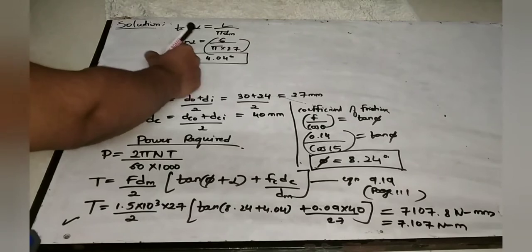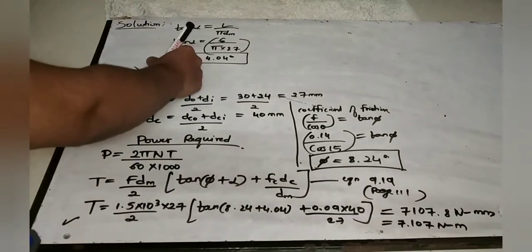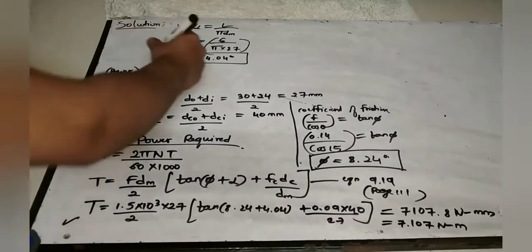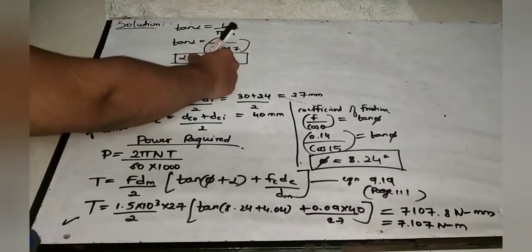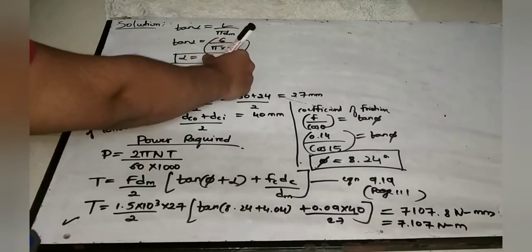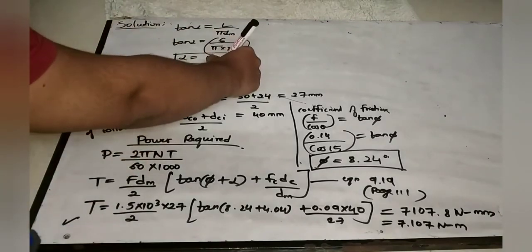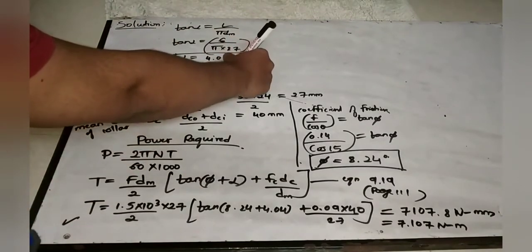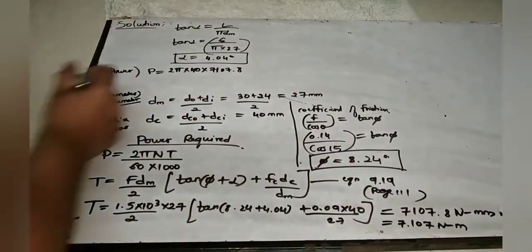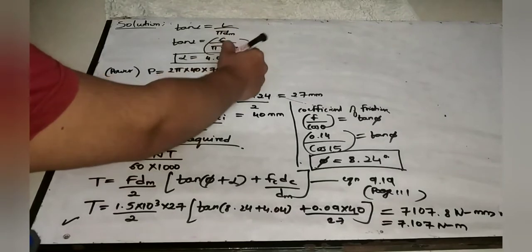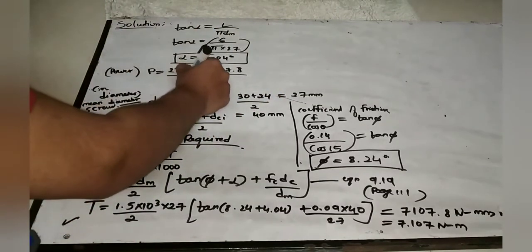So power required P is equal to 2 pi, the RPM of the screw is 40 RPM given, times 7107.8, that is the torque we have got, divided by 60 into 1000.